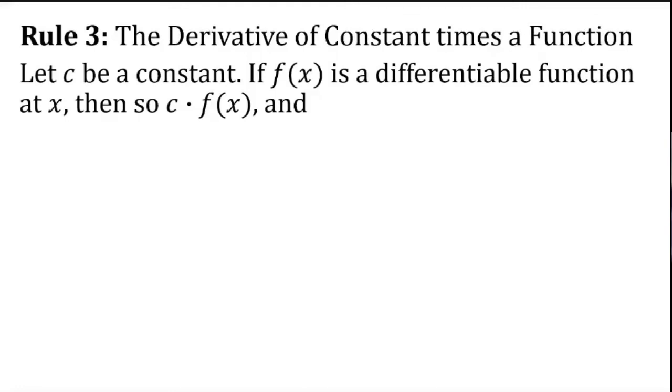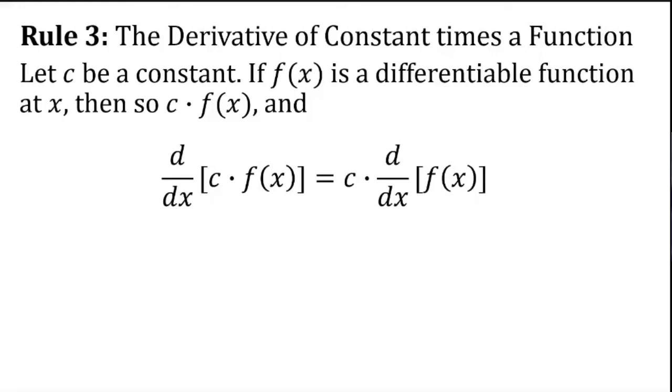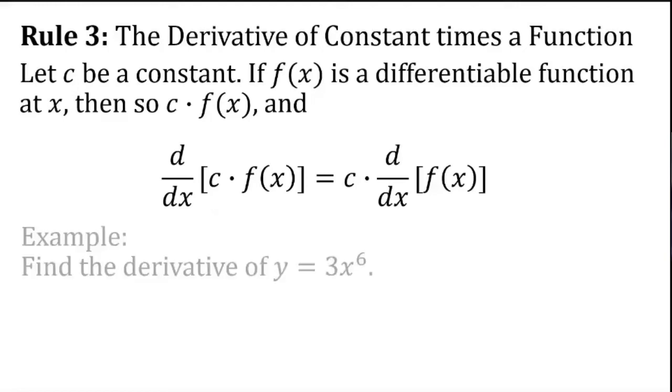If f of x is a differentiable function at x, then the derivative of c times f of x is equal to c times the derivative of f of x. Okay, so it will be easier if you're going to see an example.